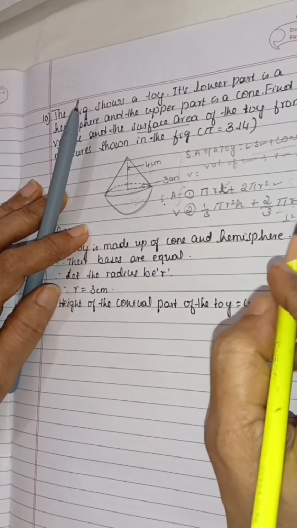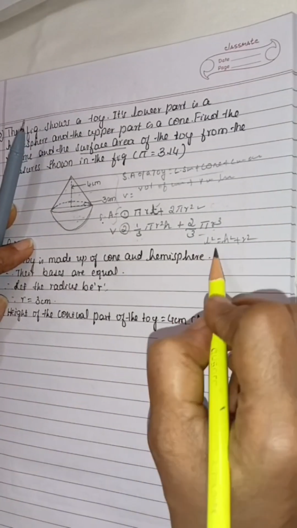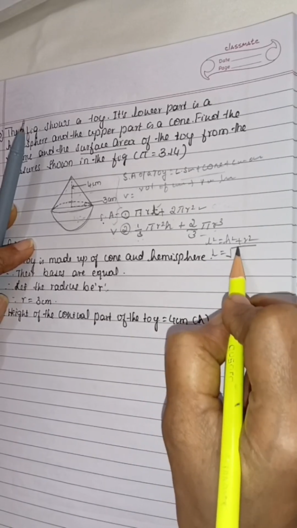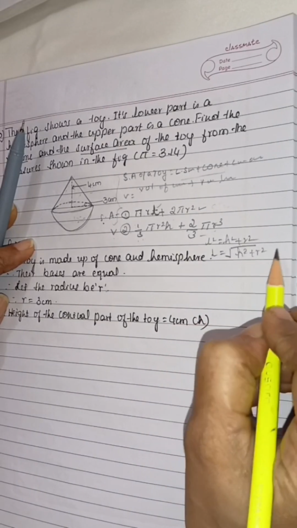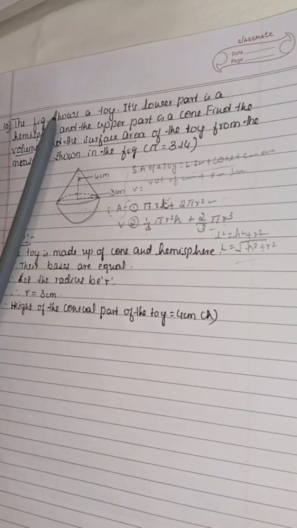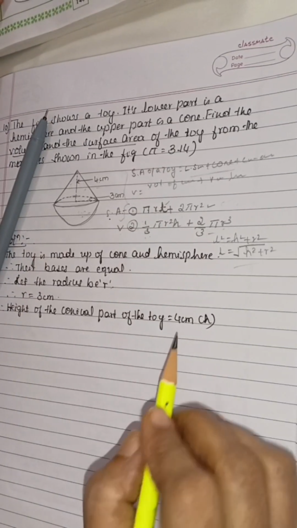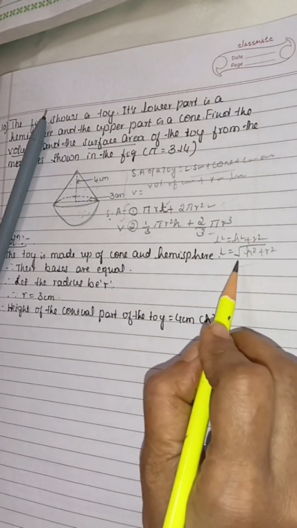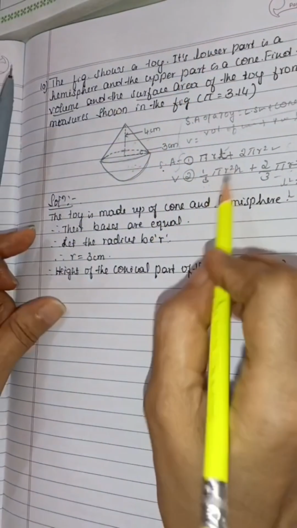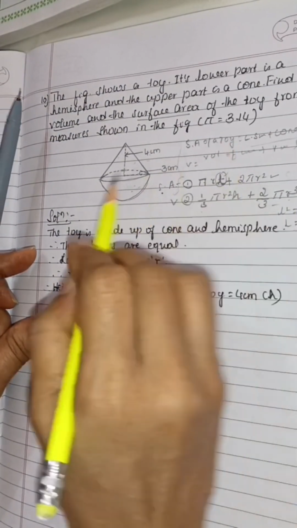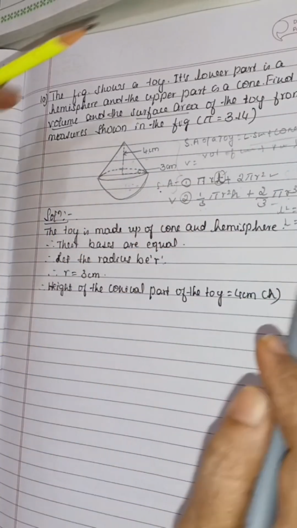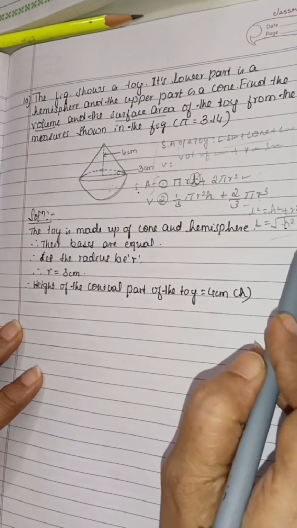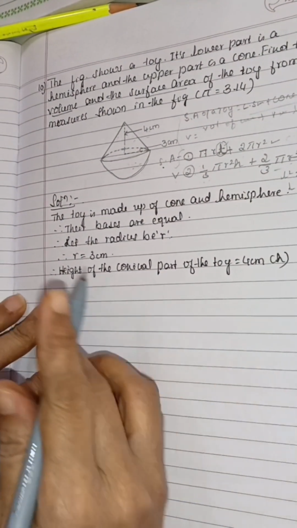Otherwise L is square root of h square plus r square. In this way, both are same. Now we have to find out L here, slant height of a cone, because we know height and radius.